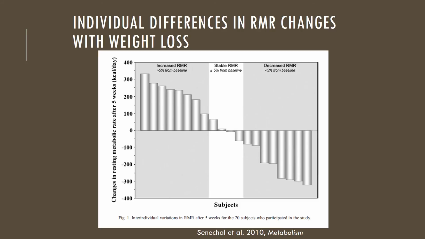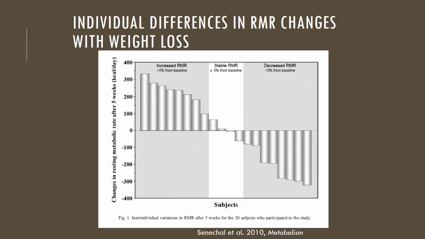Each bar represents a different person. On the left, there are about 8 people whose metabolic rate actually increased after weight loss. There were about 4 people whose metabolic rate stayed the same, and another 8 or so people whose metabolic rate went down.